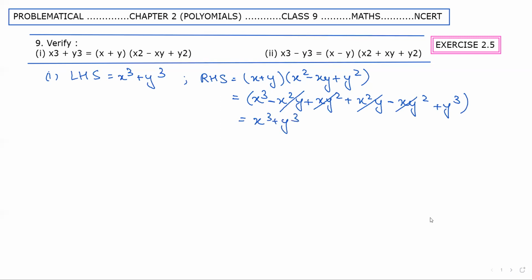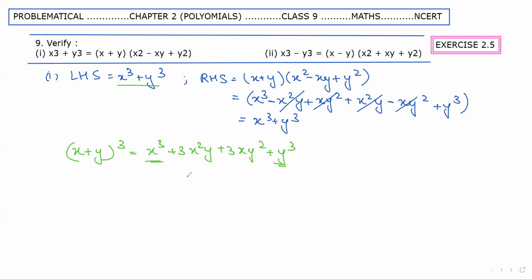Another approach you can take for the same problem is to observe these terms. Your LHS is x cube plus y cube. Now you know the formula of (x plus y) whole cube, where you encounter this x cube plus y cube on the right hand side. Now let's expand (x plus y) whole cube. It gives x cube plus 3x square y plus 3xy square plus y cube, which means you have an x cube plus y cube over here.